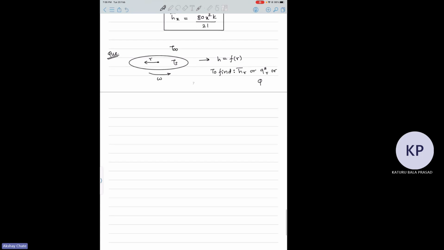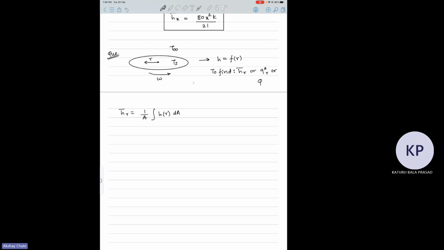So the trick here is, if you want to find the average heat transfer coefficient till some radius R, the formula is the same: 1 by A times the integral of the local heat transfer coefficient, which is a function of R, into dA.